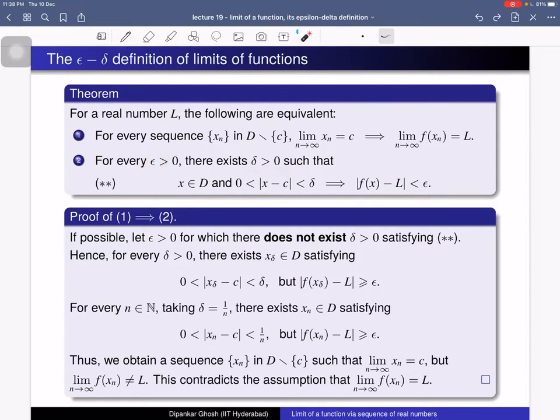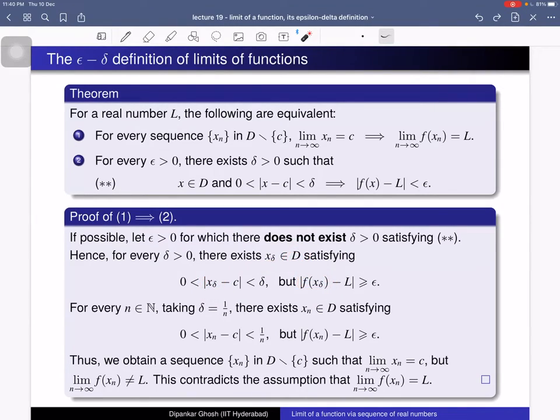So we prove this implication by the contrapositive way. It is equivalent to say that for every delta there exists a point x delta in this domain such that x delta is in the deleted delta neighborhood, but this function value is not in the epsilon neighborhood of L.